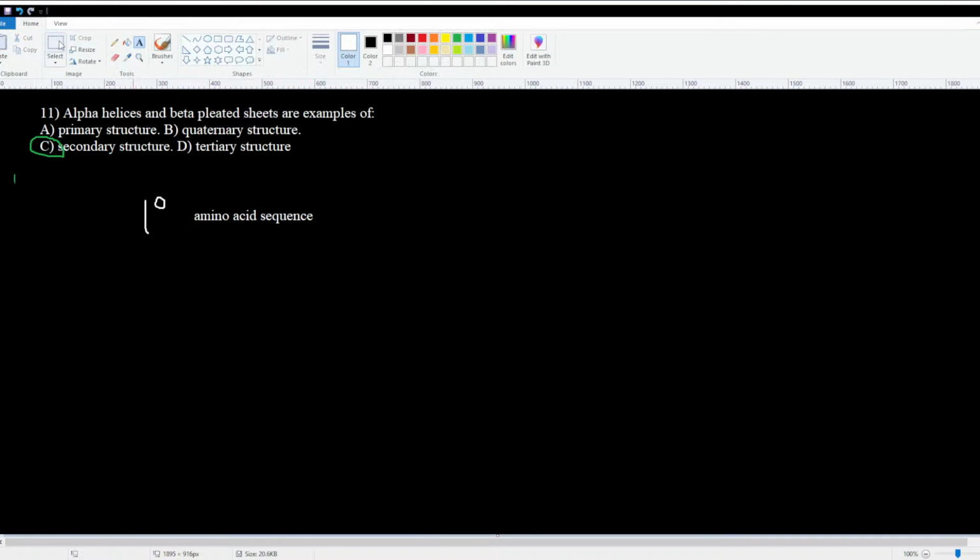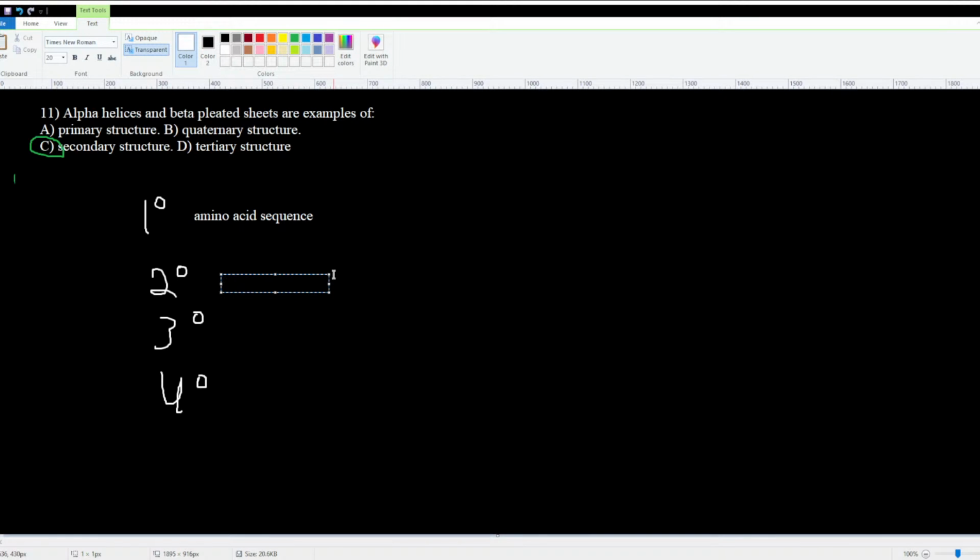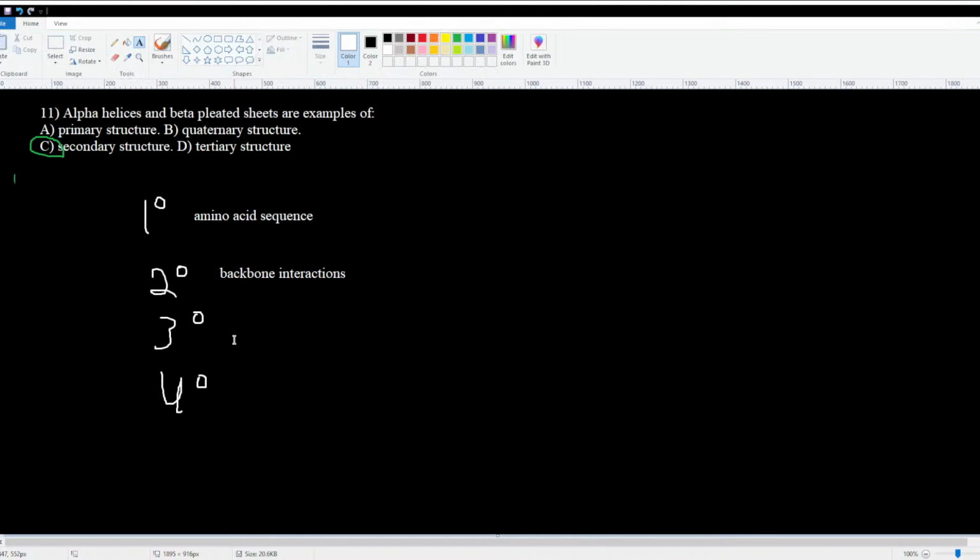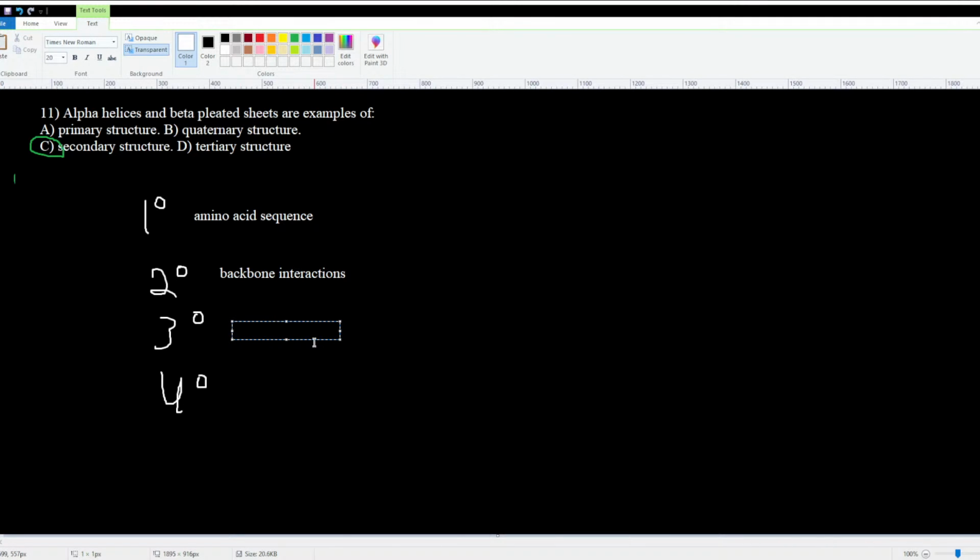Right? And I'm just going to write them all out as they come along. Then we have secondary structure, tertiary structure, and quaternary structure. So secondary structure is going to be backbone interactions. Tertiary is going to be R group interactions.